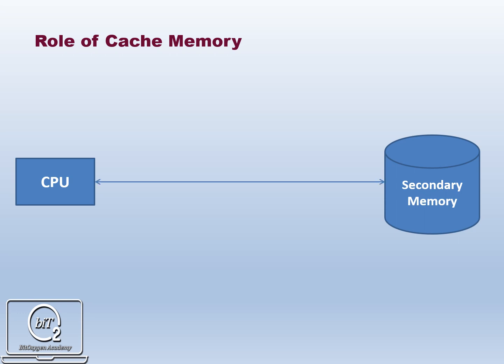So the CPU accesses secondary memory for instructions or programs. But the processing speed of the CPU is very fast. For example, execution is completed in milliseconds, while the speed of secondary memory is very slow.